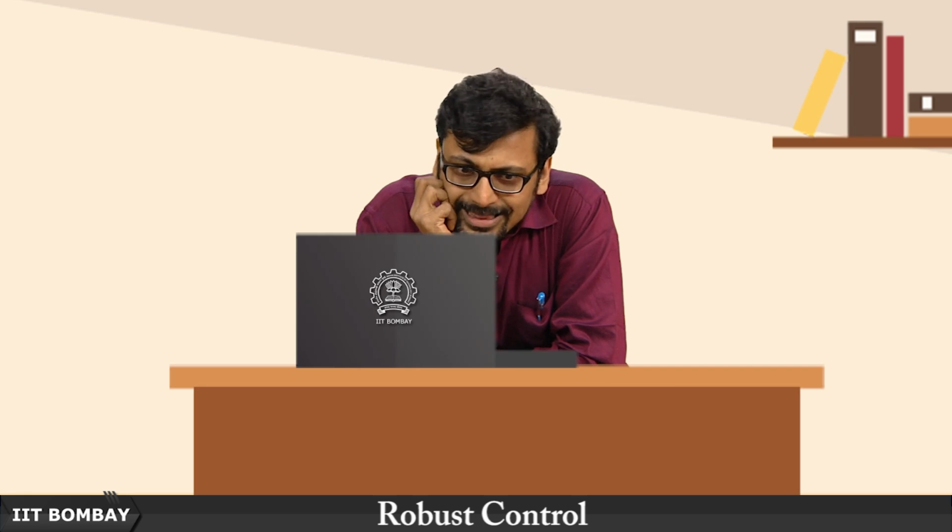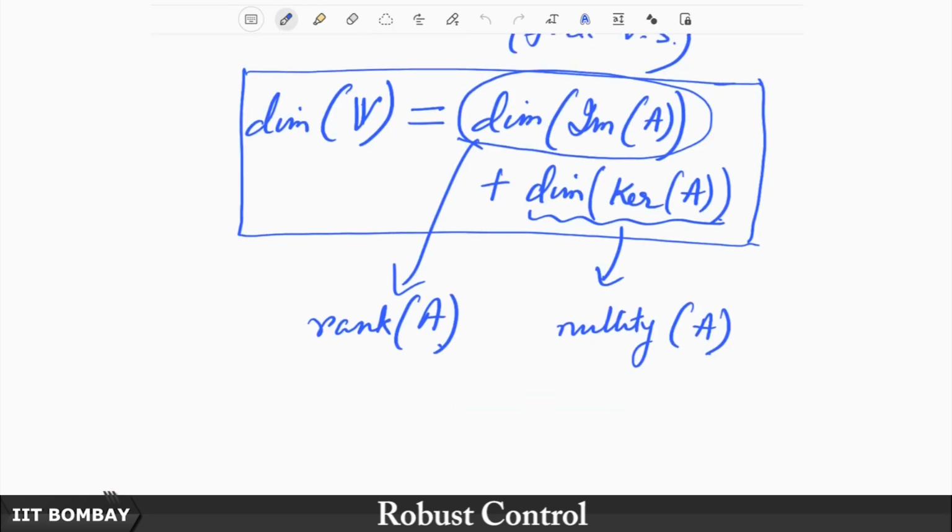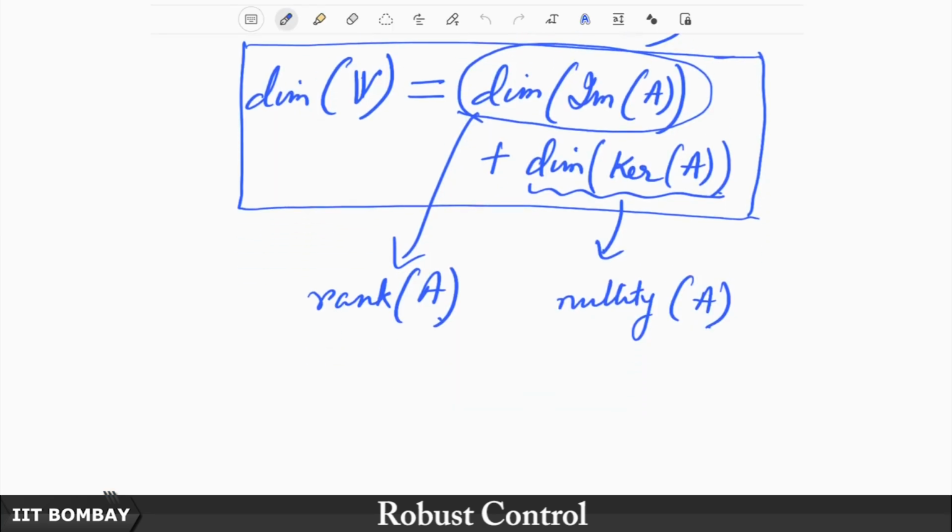So, this might lead you to conjecture that the dimension of the codomain is at least as much as that of the domain, and therefore I loosely said that the codomain is richer than the domain. By that, I do not necessarily mean, and I want to clarify, that the codomain contains more points than the domain.